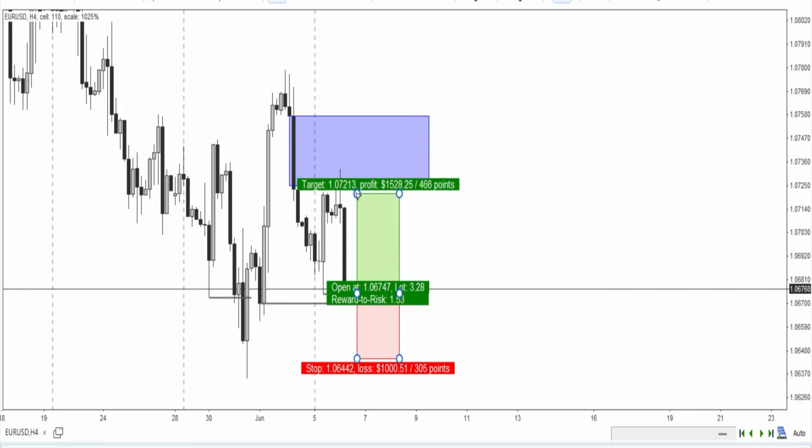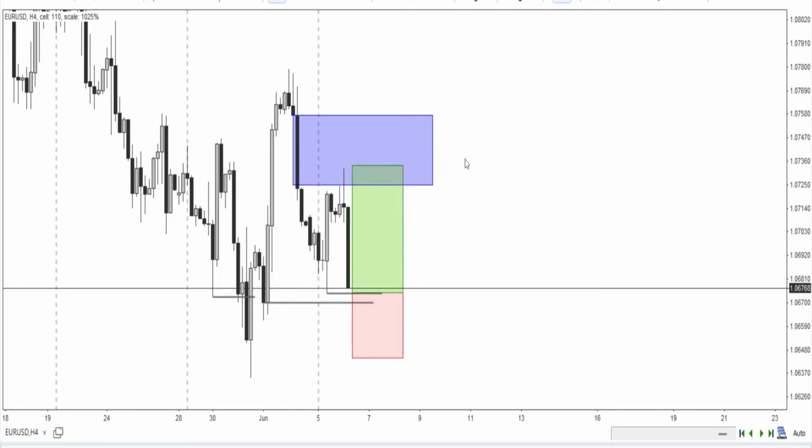This itself is a trade: 15-minute candle expansion on a 4-hour key level.